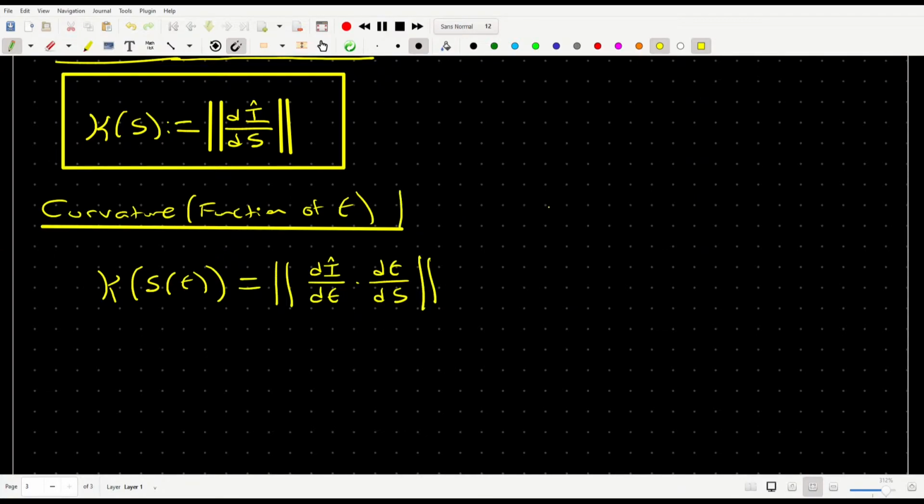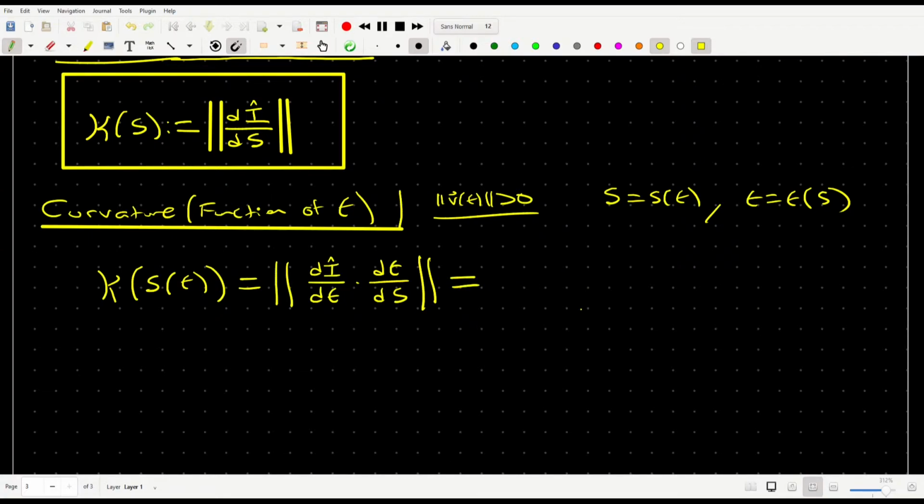And remember that as long as the magnitude of the velocity vector is positive, we can express the arc length s as a function of t with any parameter t, and vice versa, we can express t as some function t of s.